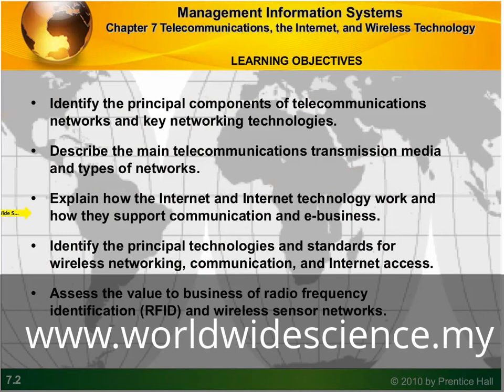Explain how the internet and internet technology work and how they support communication and e-business. Identify the principal technology and standard for wireless networking, communication, and internet access. And finally, we consider assessing the value to business of radio frequency identification, RFID, and wireless sensor networks.